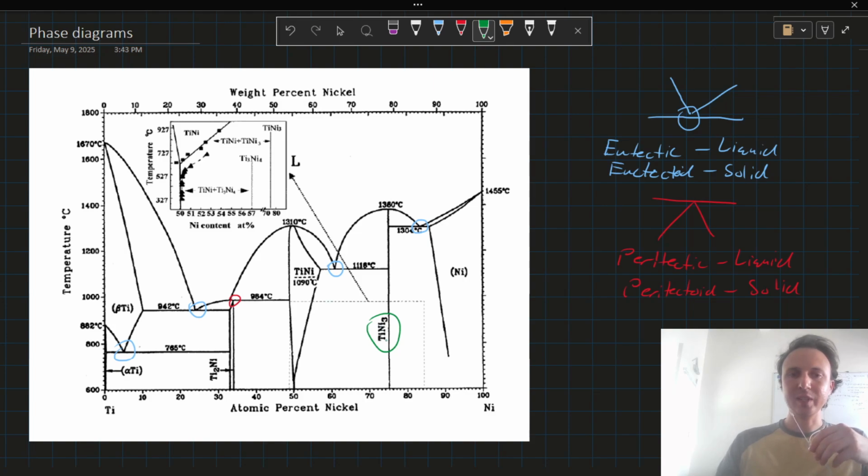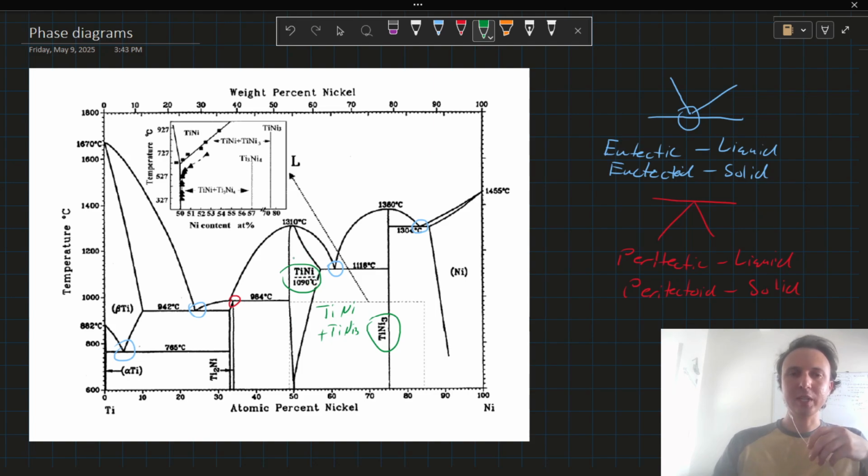So we have this compound TiNi3, and then this one, just TiNi. And in between them, we have a combination, TiNi plus TiNi3, right? One question you might ask yourself now, and I'll give you a second to try to ask this, is which of these compounds has solubility for nickel in it?